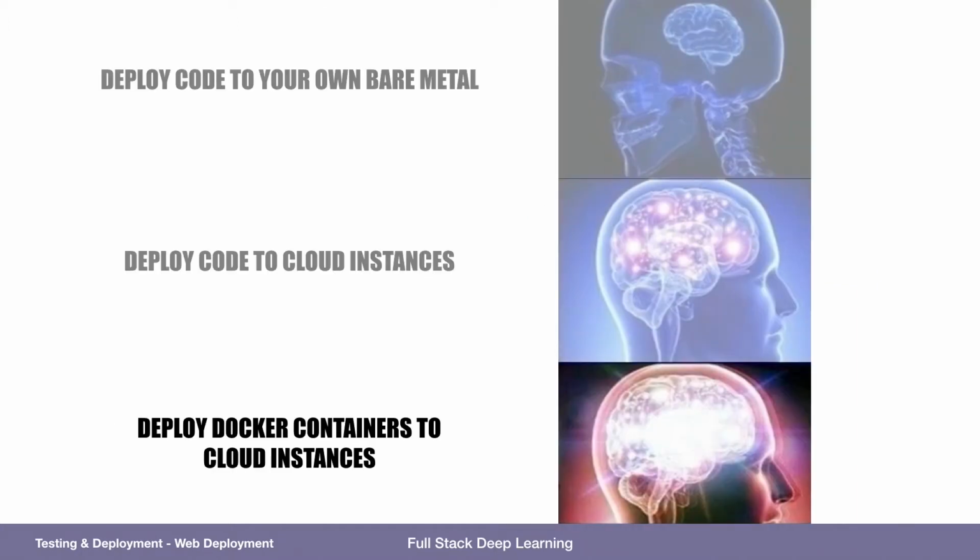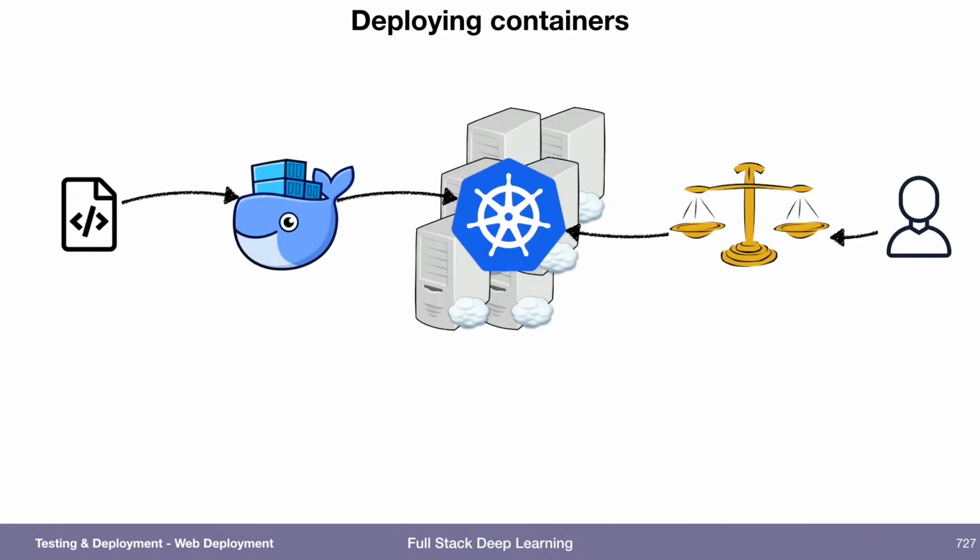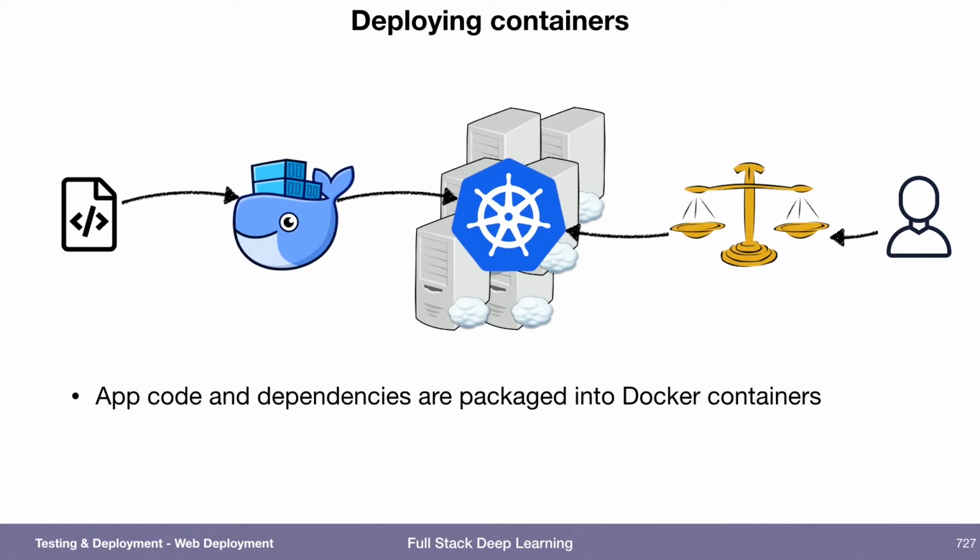The better thing to do in 2019 is to deploy Docker containers and not provision your own instances. So here you package up your prediction system as a Docker container, and then you are able to deploy your Docker container onto some kind of cloud infrastructure. That could be Kubernetes, that could be AWS Fargate.